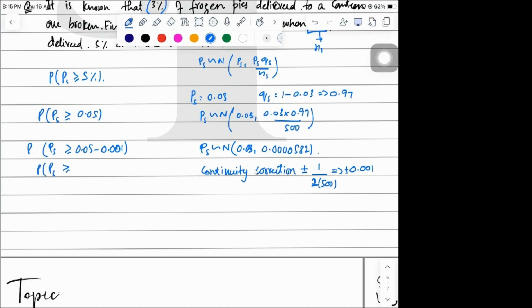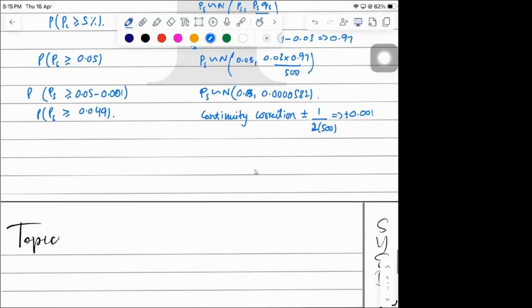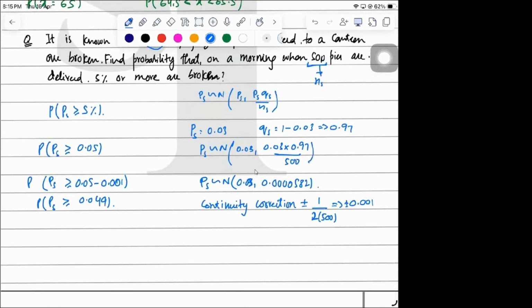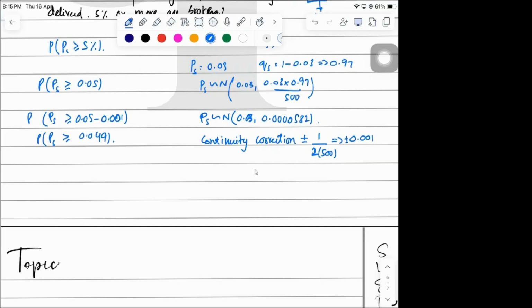And then we find the Z value. First, we will convert that one by the mean and the standard deviation.